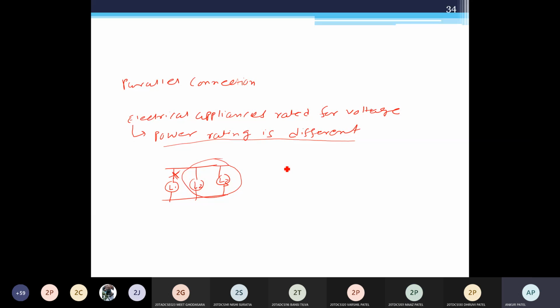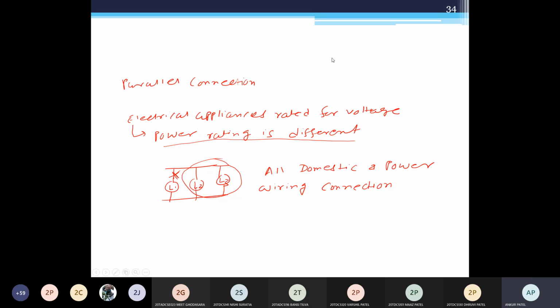And due to these advantages, all electrical appliances are connected in parallel. We can switch on and off any appliances or lights without affecting other appliances. So all domestic and power wiring connections are connected in parallel, because the working voltage of each appliance is equal to the supply voltage, but the power rating is different.